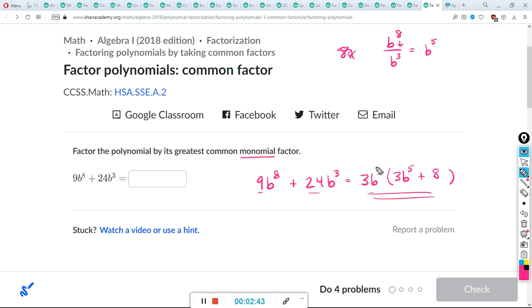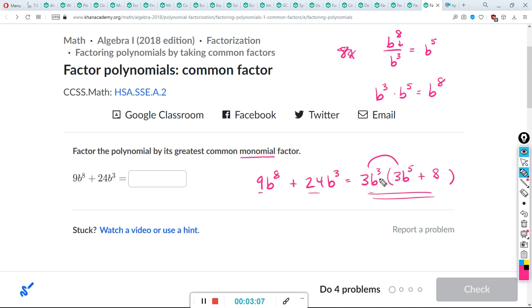If you want to check it, 3b to the 3rd times 3b to the 5th. Well, 3 times 3 is 9, and b to the 3rd times b to the 5th, you just add the exponents. That's b to the 8th. And that's what we wanted.